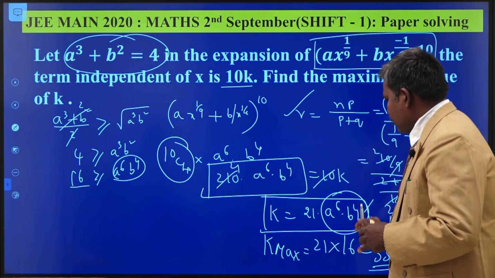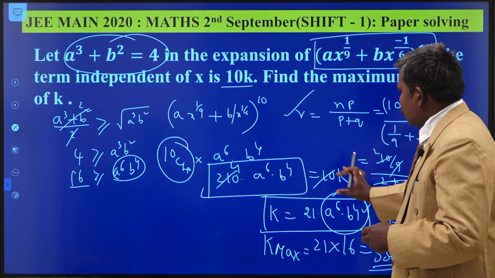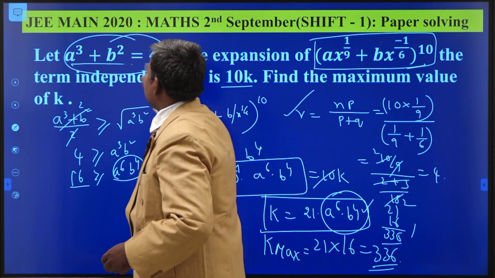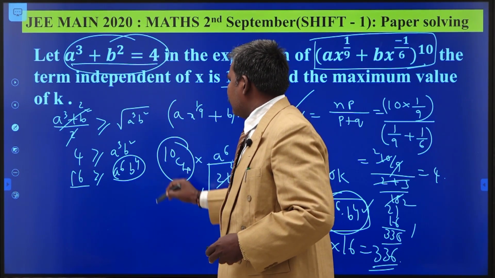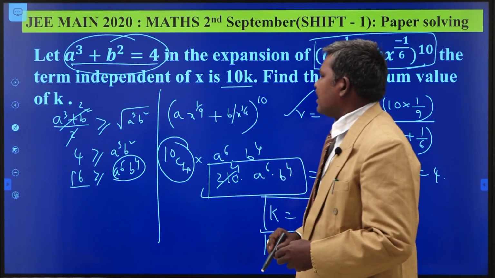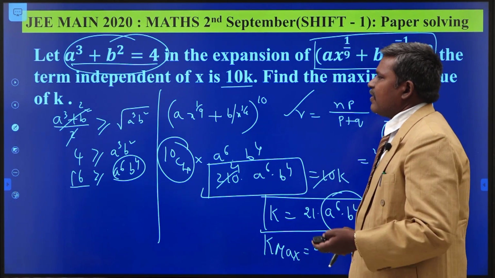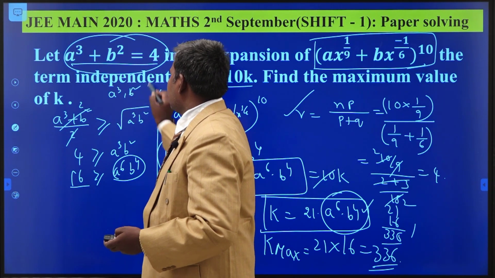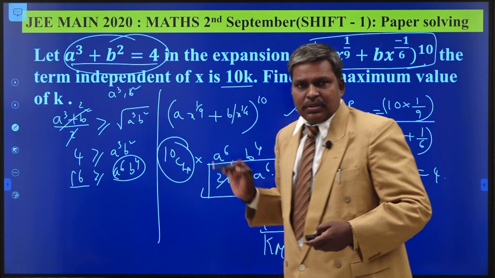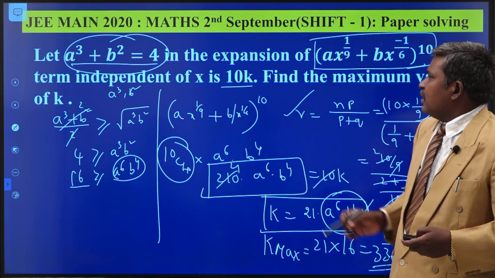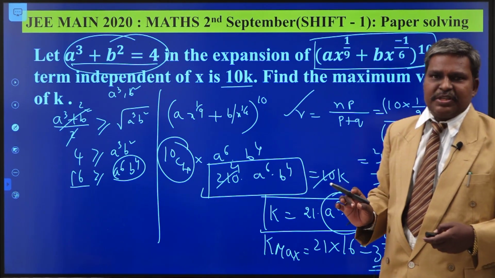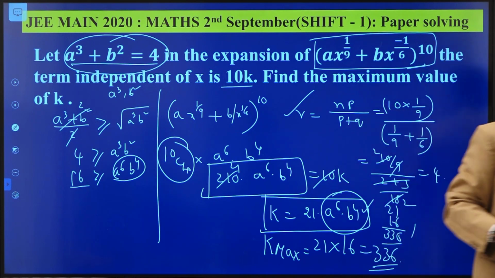After getting k, you need to find its maximum value. To get the maximum of k, we use the value a cube plus b square is equal to 4. Again you apply arithmetic mean is greater than or equal to geometric mean for the values a cube, b square. Understand? A cube plus b square is equal to 4 is given to you, and the term independent of x is also given to you.